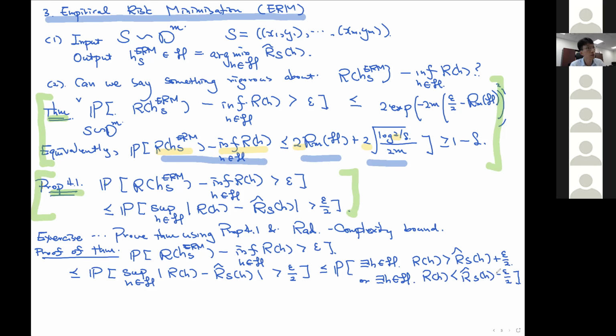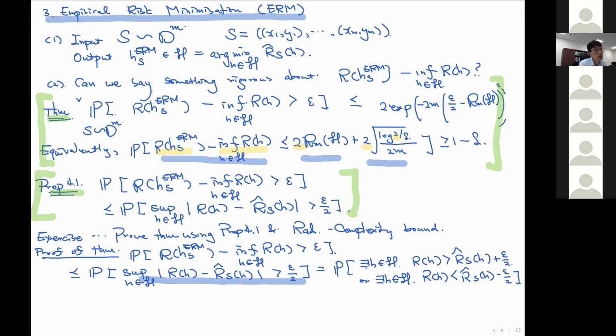Nothing special, there's no inequality here. We just rewrote the statements, removing the supremum.